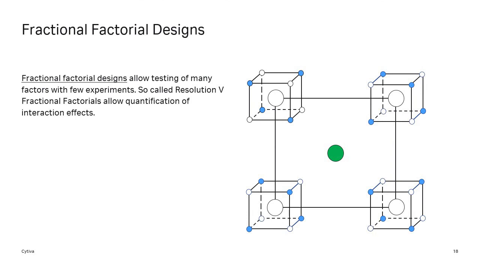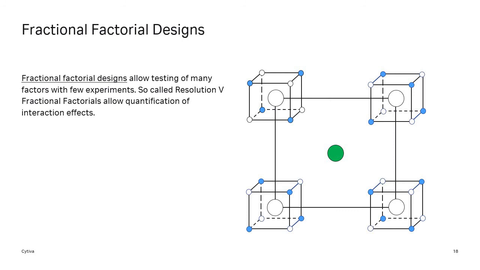So when we study more than 4 or 5 factors, or 5 and above, we have the option of turning to fractional factorial designs instead. The cartoon here looks a little bit complicated, but it's actually rather straightforward in my view, at least. In the inner square, we have the x1 and x2 parameters from low to high.